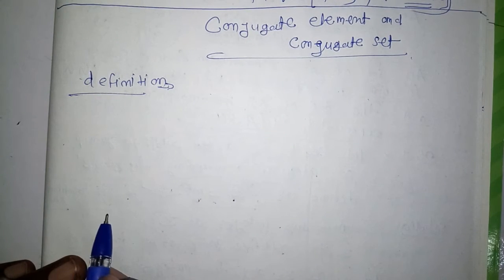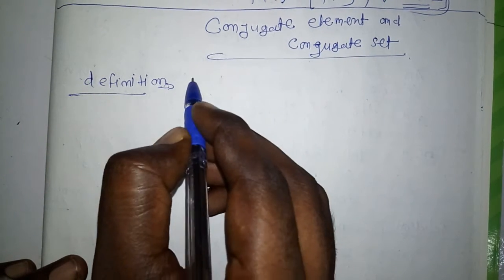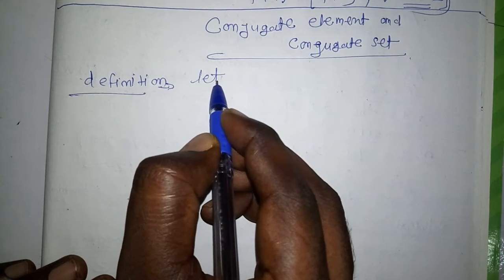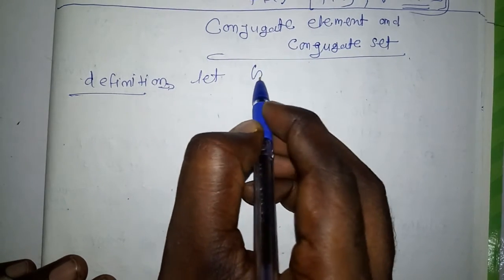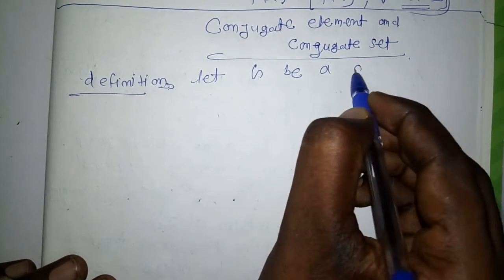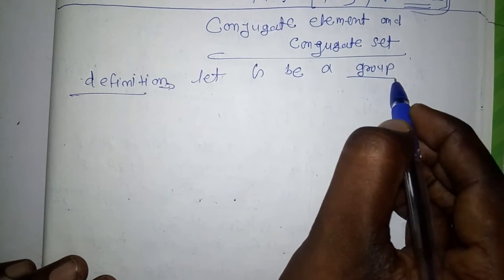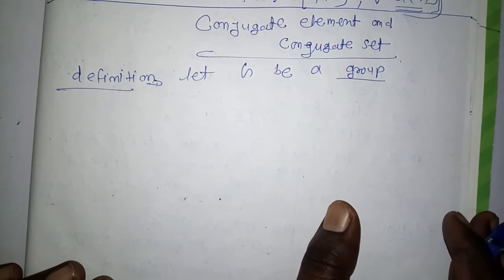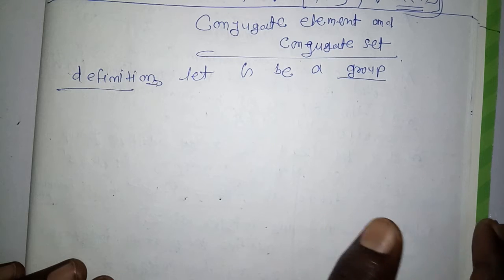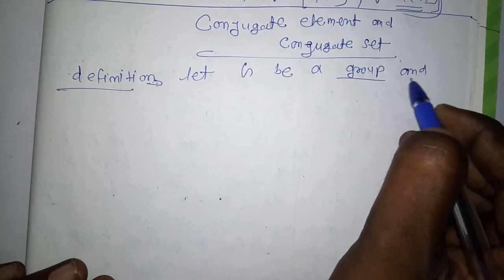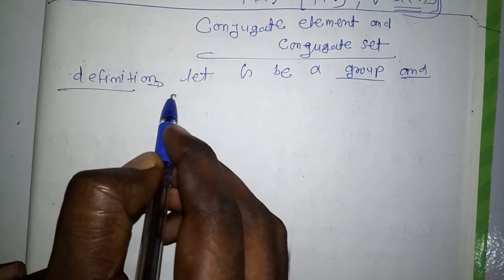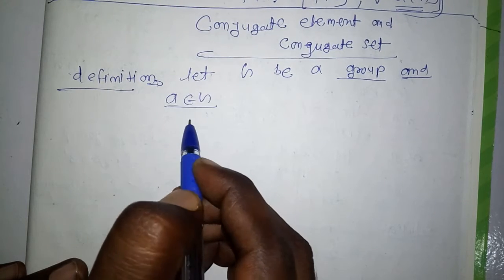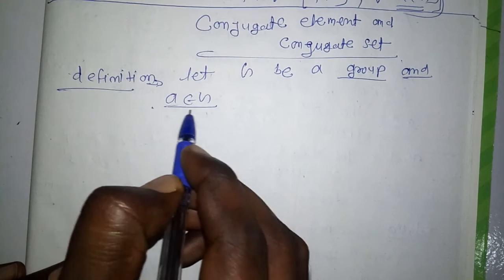Definition: Let G be a group. Okay students, G is any group and an element A belongs to G. A is any element of group G, students.